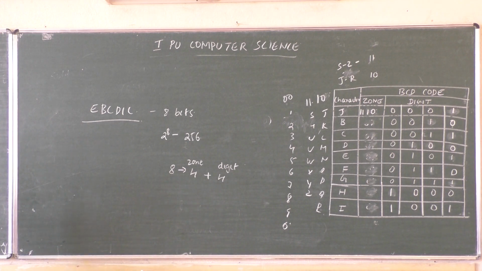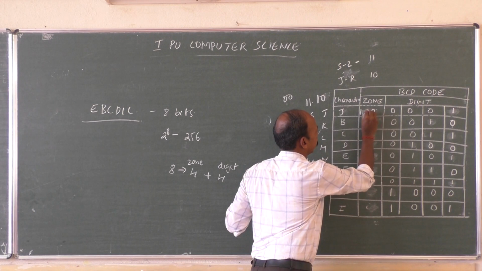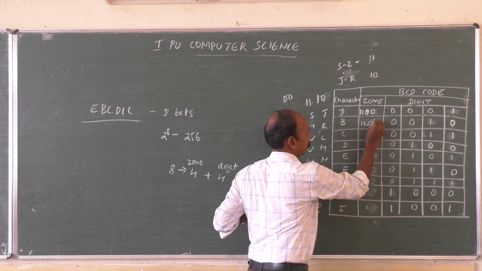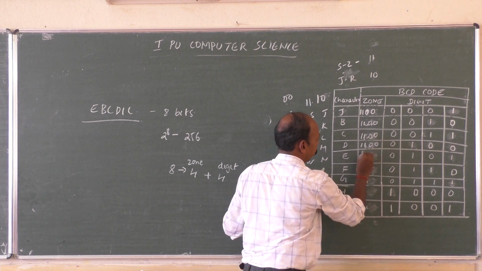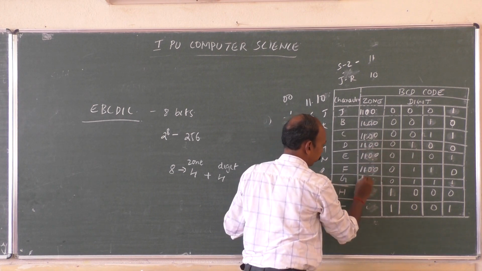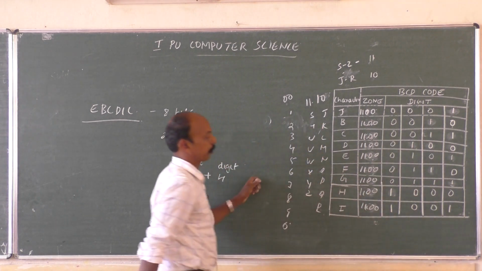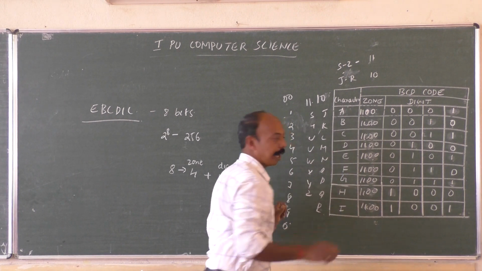It is easy because here the zone is 1 1 0 0 everywhere, and the digit portion follows the binary pattern 0 0 0 1, 0 0 1 0, like that. That is for A to I.